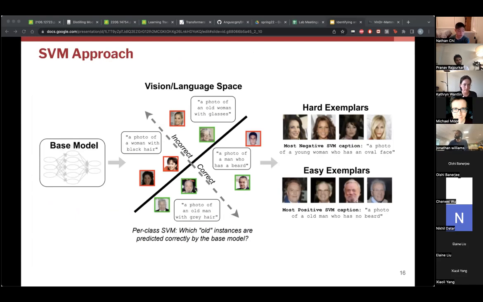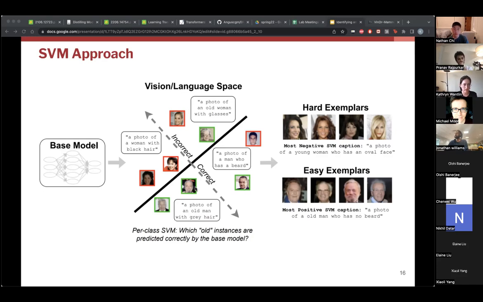So basically this visualization sets up the motivation where we have in the embedding space some decision boundary between correct and incorrect examples for a particular class. So right now we're looking at the class of old versus young.